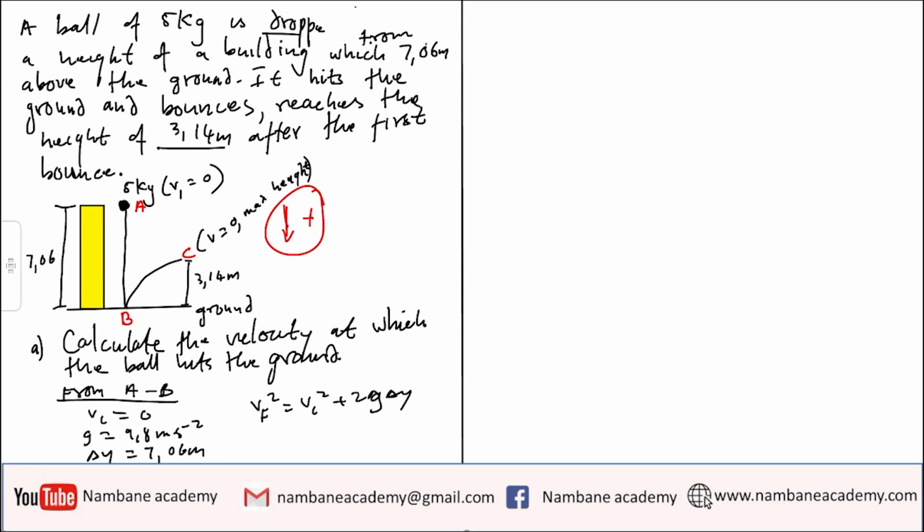And we want V final. This is 0 squared plus 2 multiplied by 9.8 multiplied by 7.06. Everything is positive because we agreed on positive downwards. Then the final answer, ladies and gentlemen, is 11.76 meters per second. It's as simple as that.